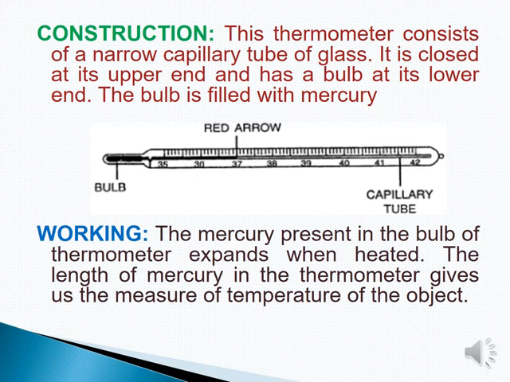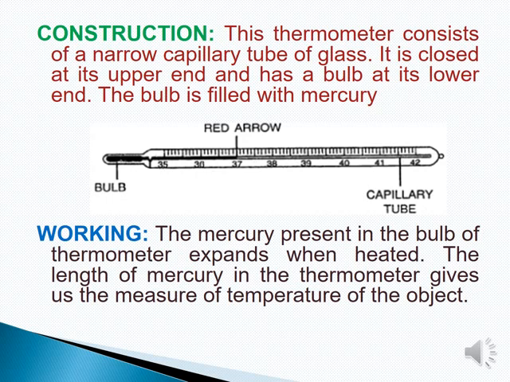Working. The mercury present in the bulb of the thermometer expands when heated. The length of mercury in the thermometer gives us the measure of temperature of the object. When we put the bulb of this thermometer in contact with the object, the heat from that object flows into the bulb and then into the mercury.